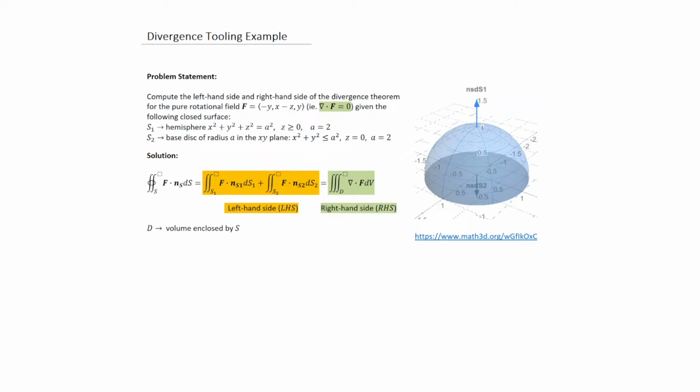That is equivalent to taking the divergence of the vector field, which is a scalar function, and integrating it over the volume enclosed by the hemisphere and the planar disk. That will be the calculation performed on the right-hand side. Again, D just means the volume enclosed by S. This is the way we should look at these things.